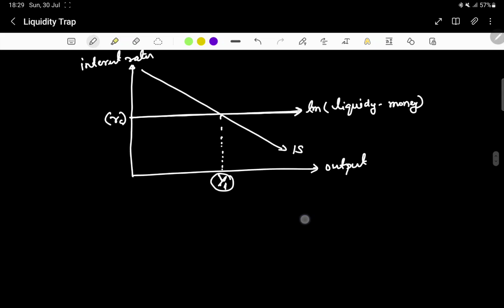Keynes, even if I want to extend that, what was the solution proposed by Keynes?